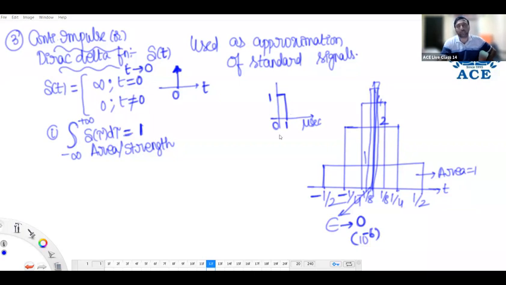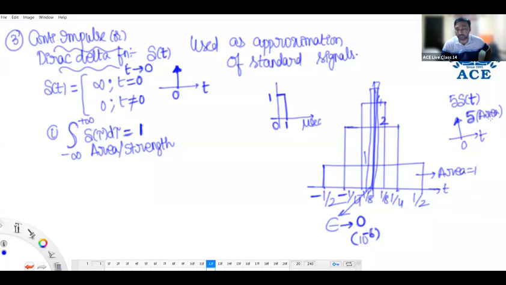Wherever we are using impulse, it is always dealt with area concept, not with amplitude. Don't forget it. If any fellow writes 5 into del of t, sir, on the tip of the impulse, some fellows will show 5. 5 is not amplitude, it is area.